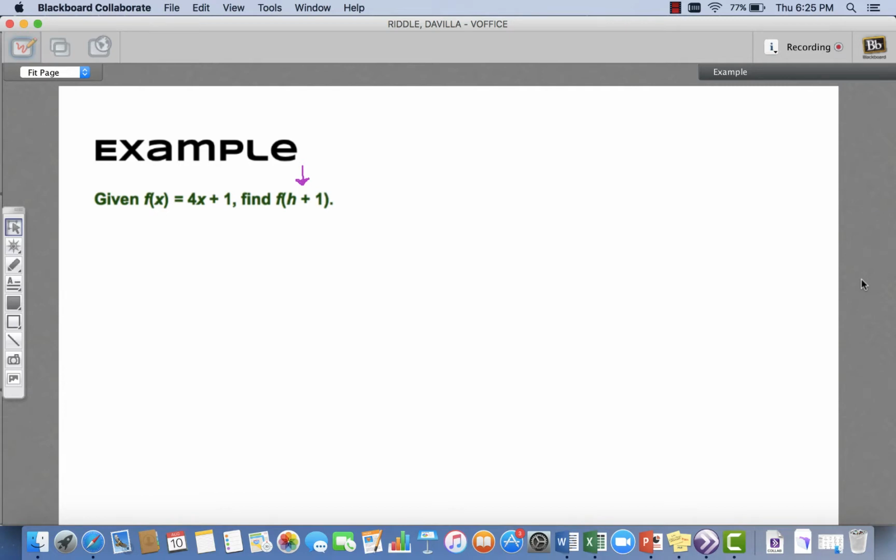So even if you have a variable, it doesn't matter, right? They could give you a whole equation to put in the parentheses. If it's telling you to evaluate a certain thing given f of something else in the parentheses, you replace x with what's in the parentheses.